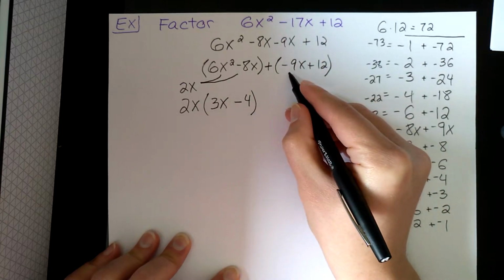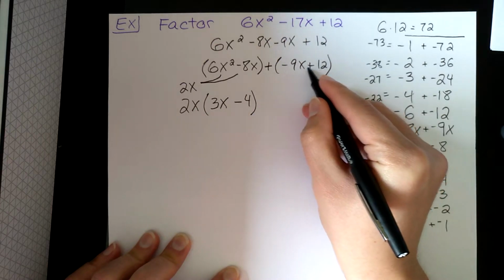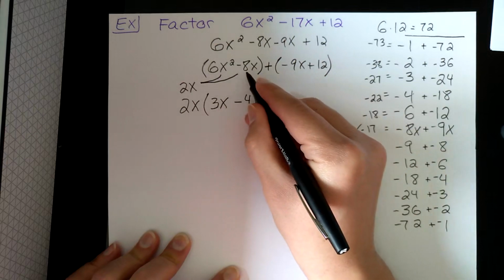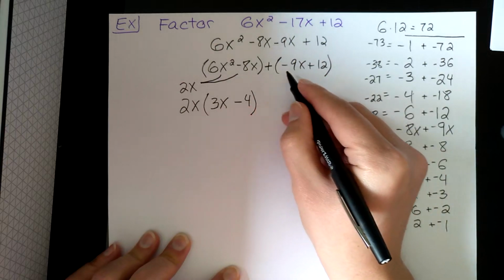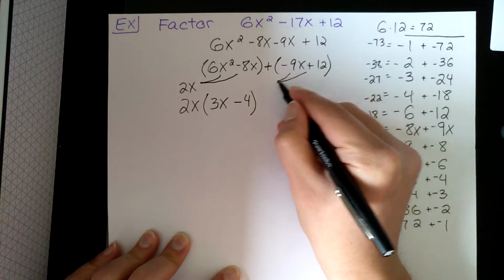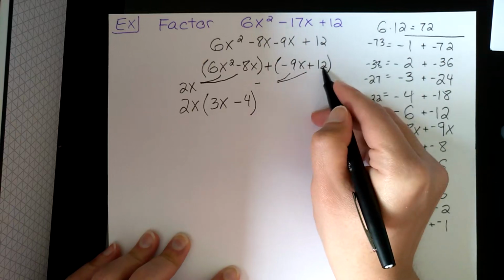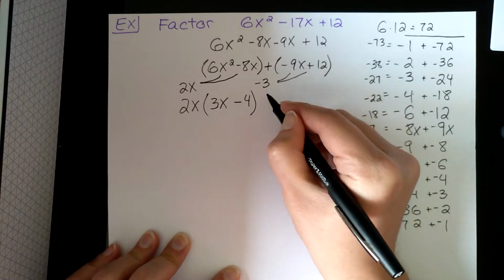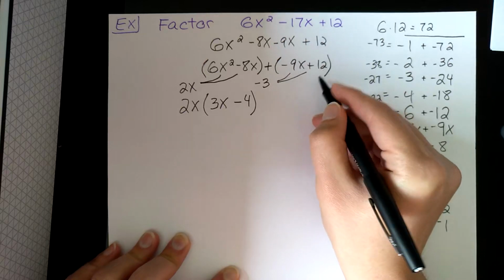And from here, notice we have a negative first, then a positive, and here we have a positive first, then a negative. This is the note I made earlier, where sometimes you need to factor out a negative as well. So we're going to factor out a negative 3 is common between 9 and 12, and nothing else is common since they do not both have an x.